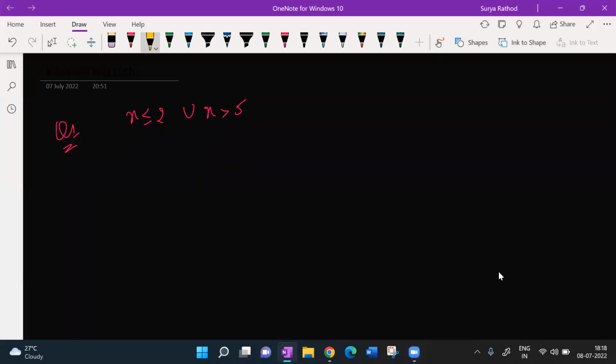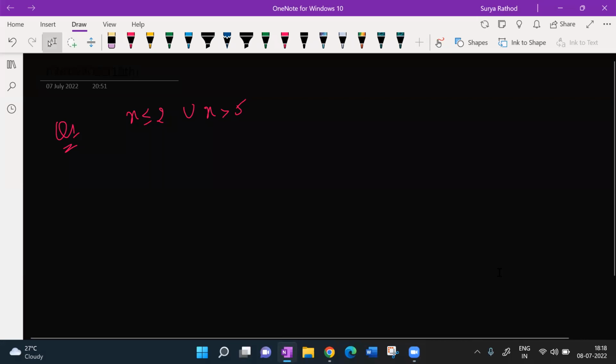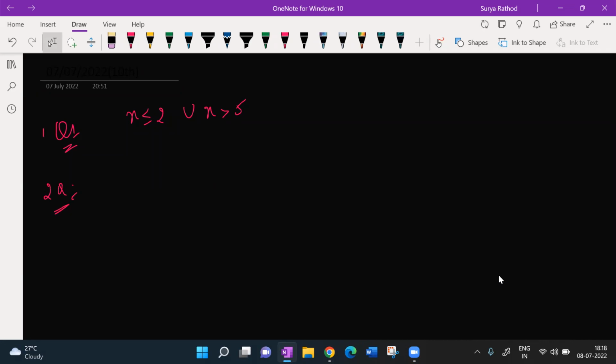Everyone put your messages in the chat box quickly, and I'll write one more question. This is the first question. Second question: x greater than 2 and x less than 6 and x greater than 4.